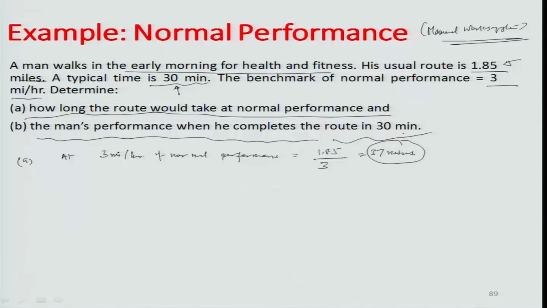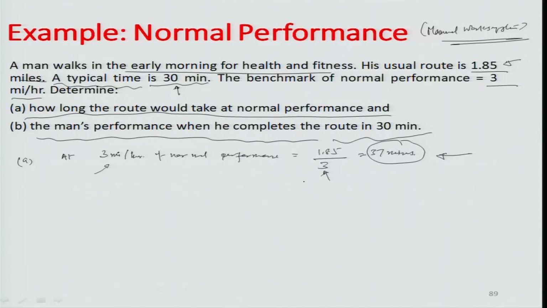Now, therefore, he is walking a little faster than the normal performance, because he is taking only 30 minutes, and a person walking at a normal typical walking speed of 3 miles an hour would take about 37 minutes. So, it is 7 minutes extra that a person will take. So, he is working at a higher efficiency.